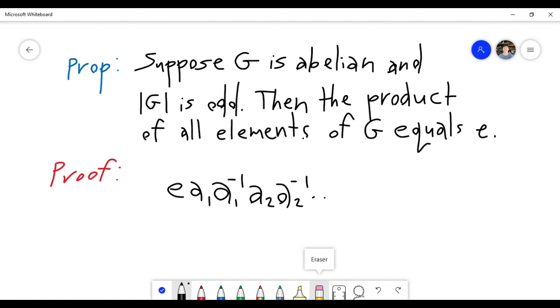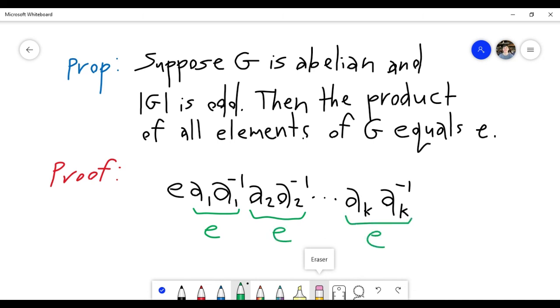And then all the way down, you have ak and the inverse of ak. And all of these just become the identity. So this becomes the identity. This becomes the identity, and so on. And so that means that the product of all of these things is just the product of the identity, which is e. And it doesn't really matter what order we do this in because G is abelian. So that's it.